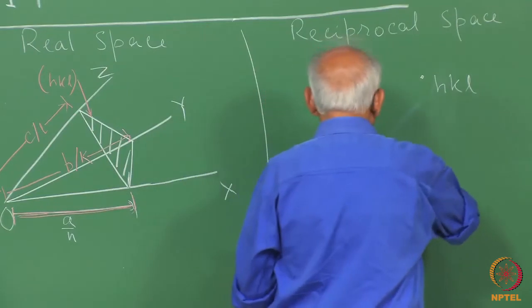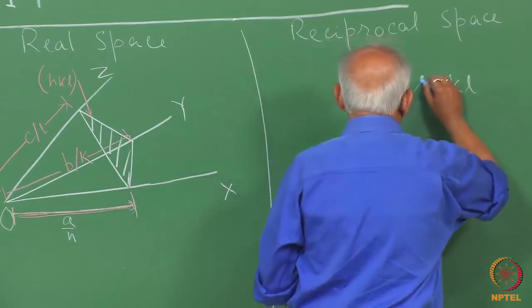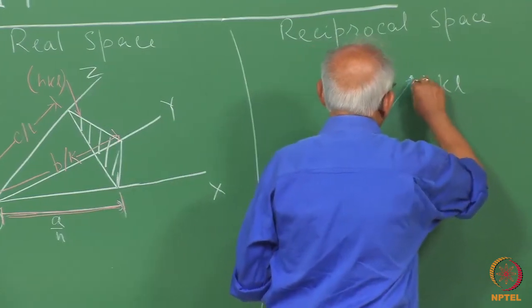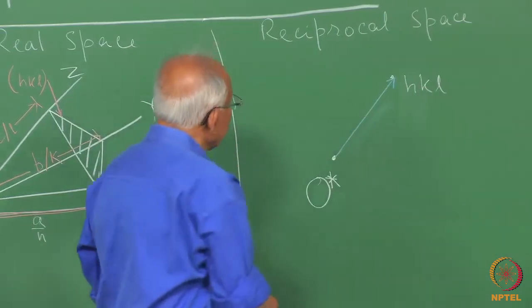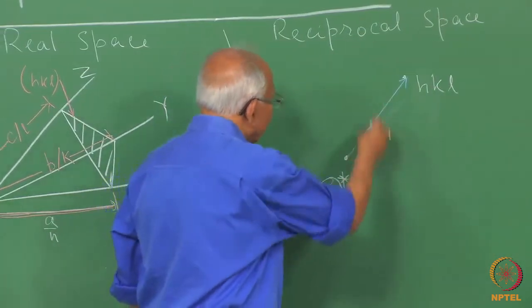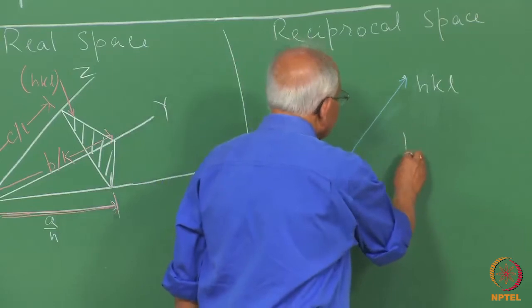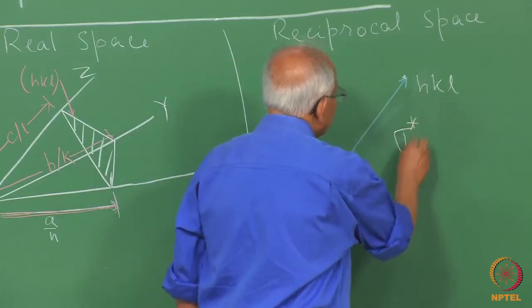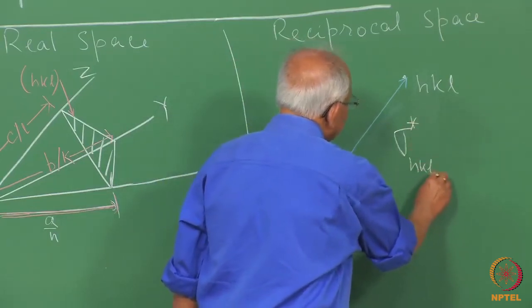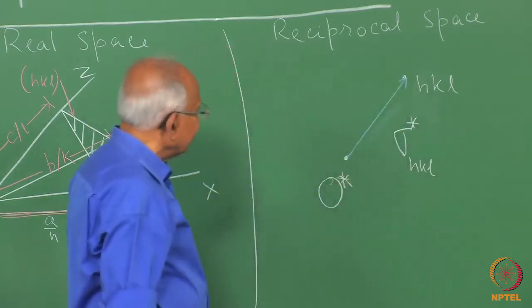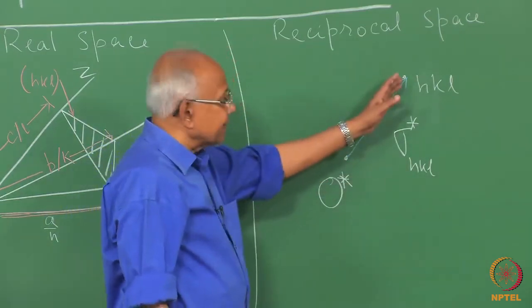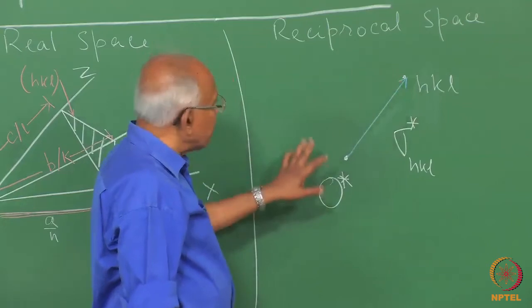So, if we draw a line to HKL, then what is this vector going to be? We call this vector sigma star HKL. Naturally any vector can be resolved into 3 components.